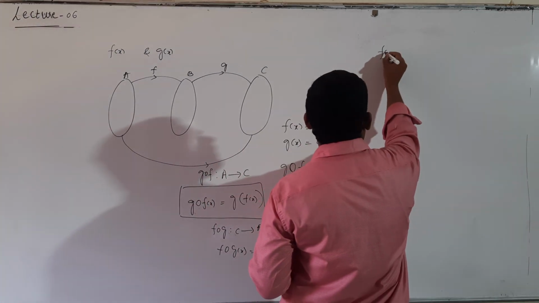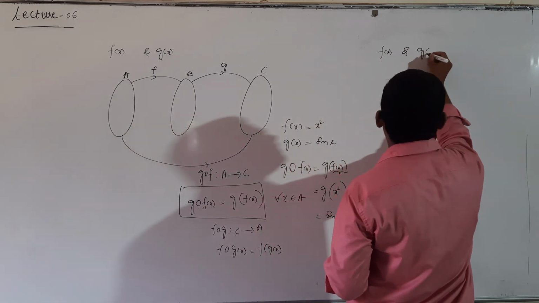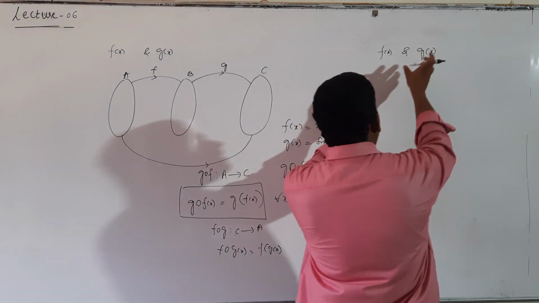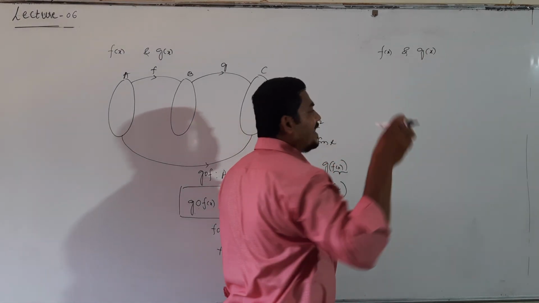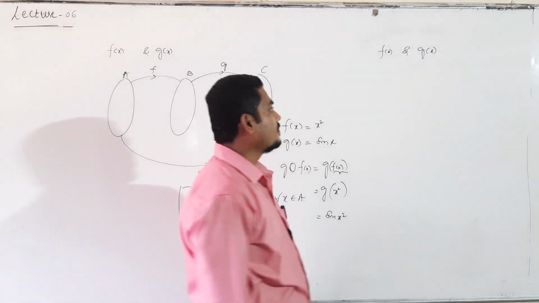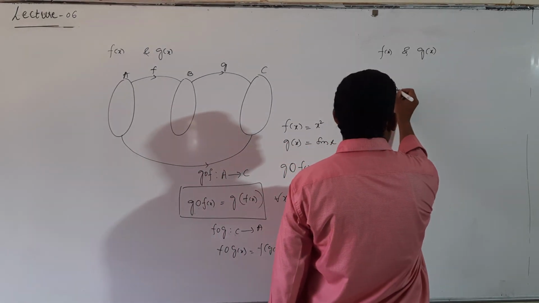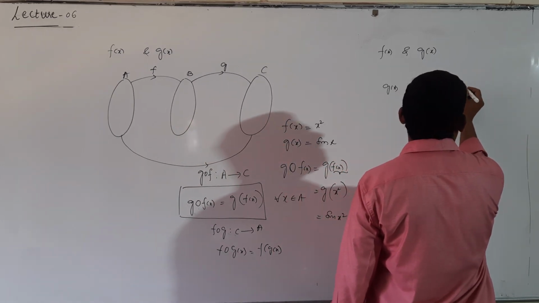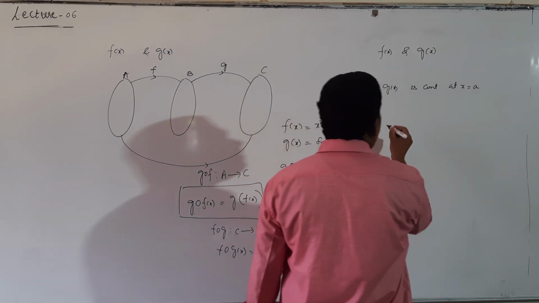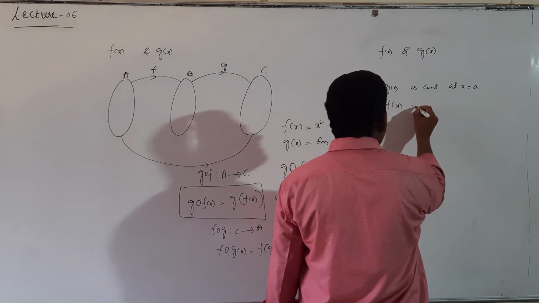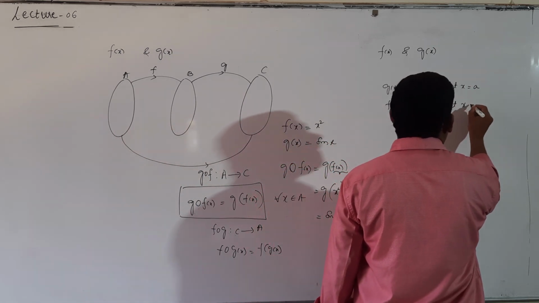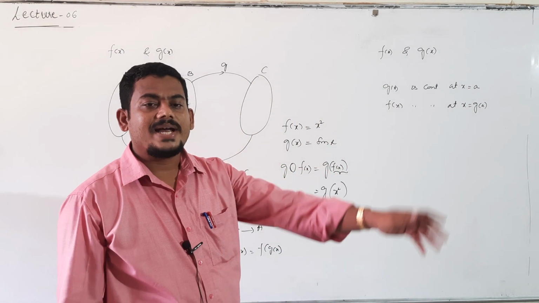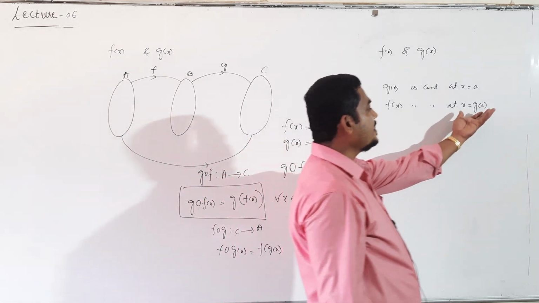Suppose f of x and g of x are any two functions, and g of x is continuous at x equal to a, and f of x is continuous at x equal to g of a, meaning the functional value at a, g of a.